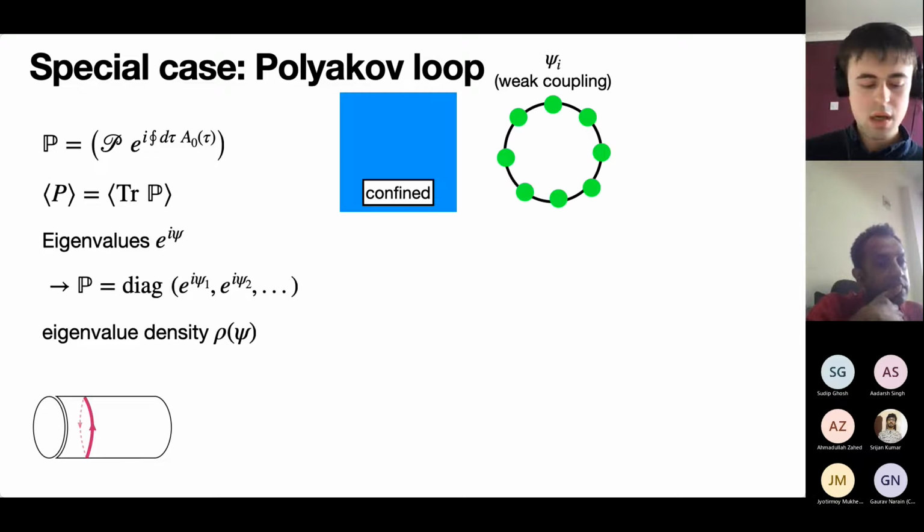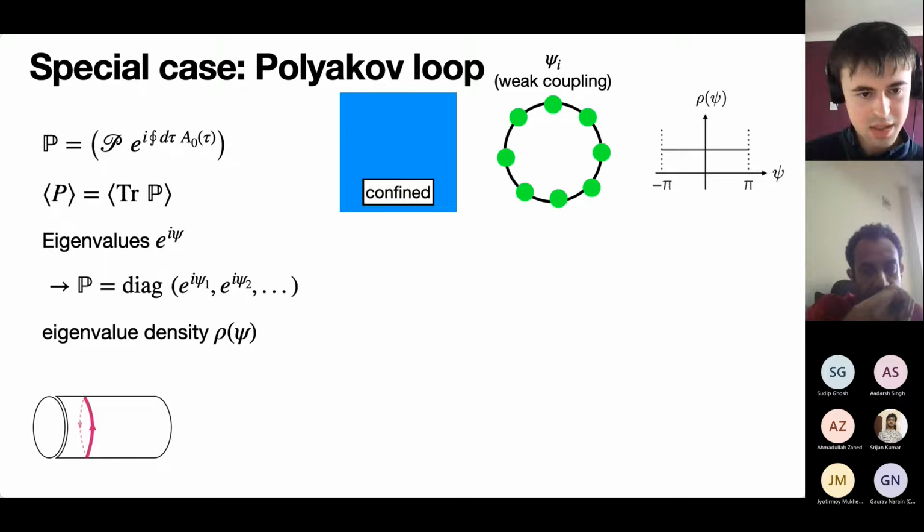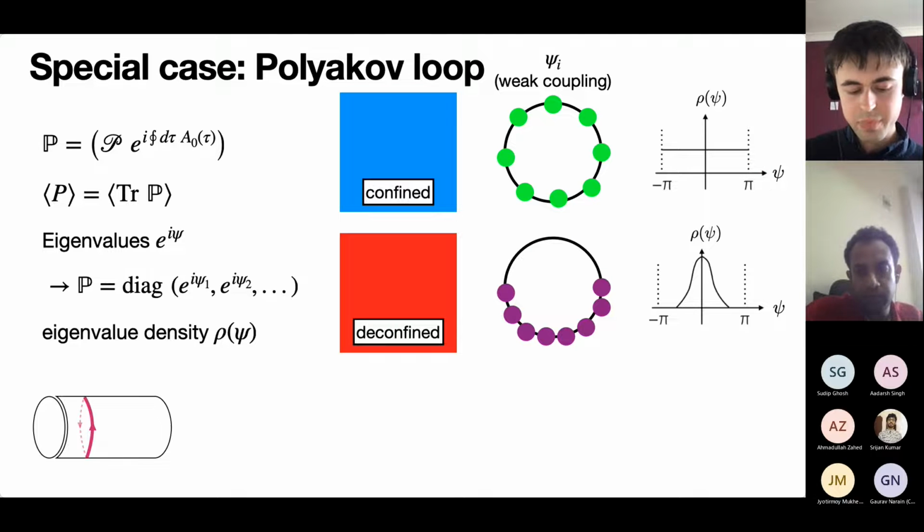In the confined case, the eigenvalue density would be uniform. In a deconfined phase, the eigenvalues have a more general distribution without any center symmetry component, and the eigenvalue distribution at large N would look like this, where it's gapped at the edges, and it's zero along here.